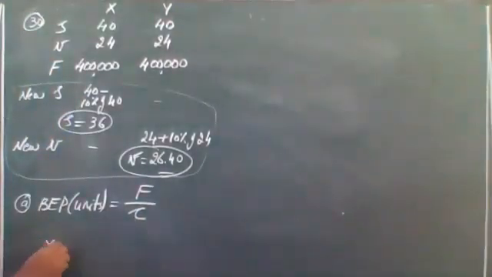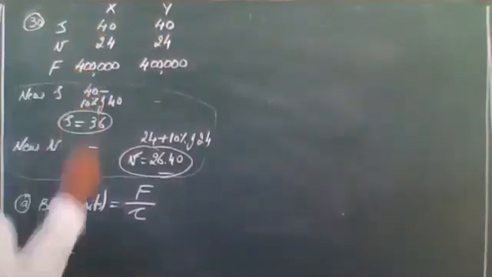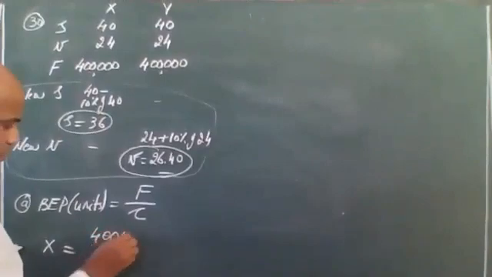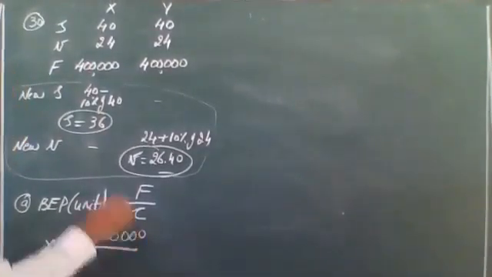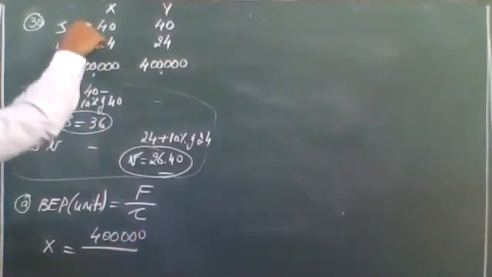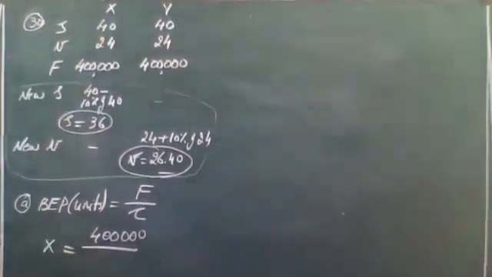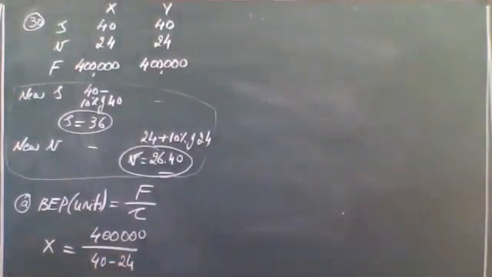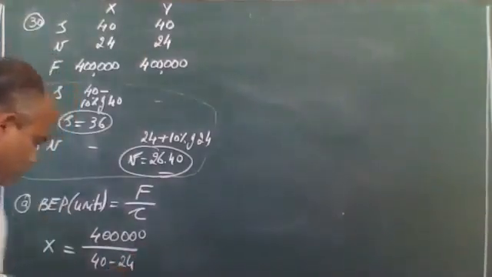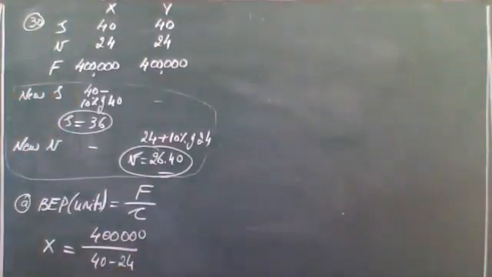For X company, fixed cost was how much? 4 lakhs divided by contribution per unit. Contribution per unit is nothing but selling price minus variable cost. So it is 40 minus 24, right? 40 minus 24 comes to how much? It is 4 lakhs divided by 16.